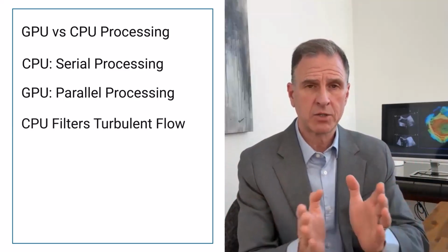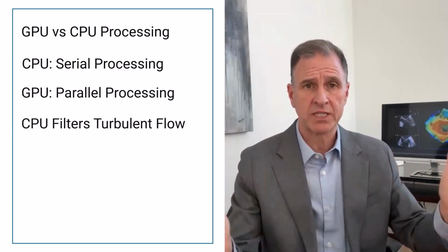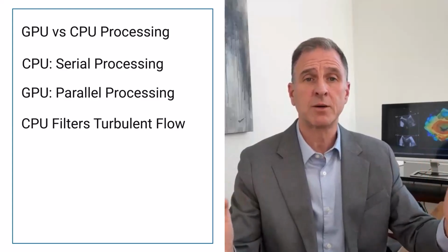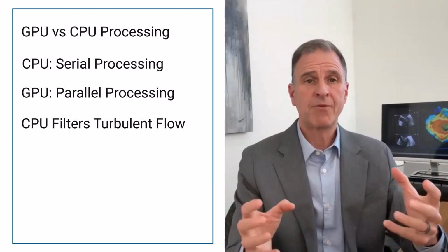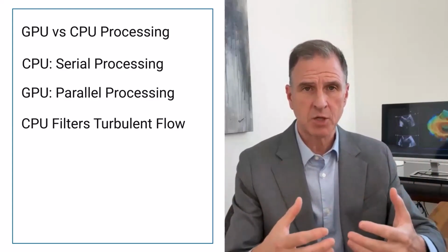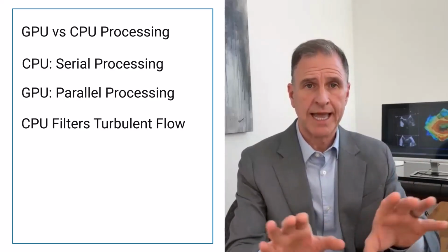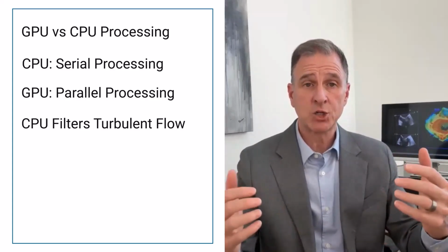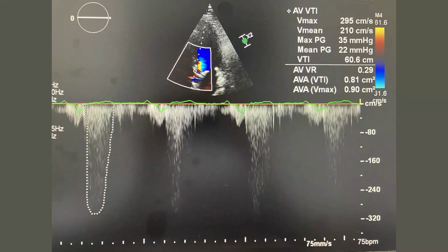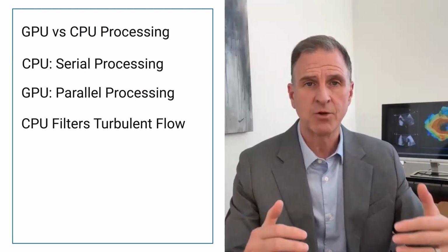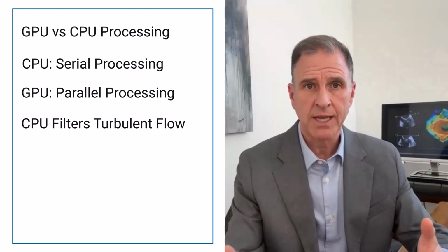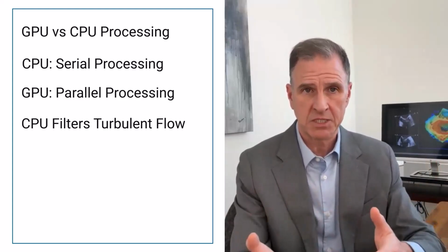Now, if the aortic stenosis is mild, or if it's very severe, the flow will be somewhat less turbulent. If you're in the middle, it is possible that some of the turbulent flow on the outside of the jet might be partially measured through the CPU as not as accurate and filtered out through what is usually done as a discrete or fast Fourier transform in the Doppler elements of the system.